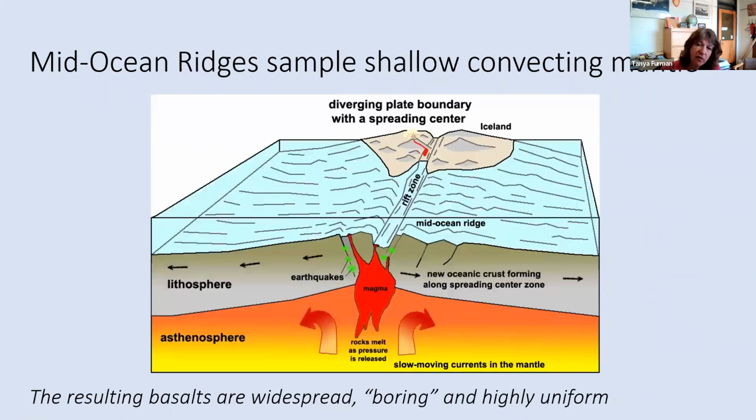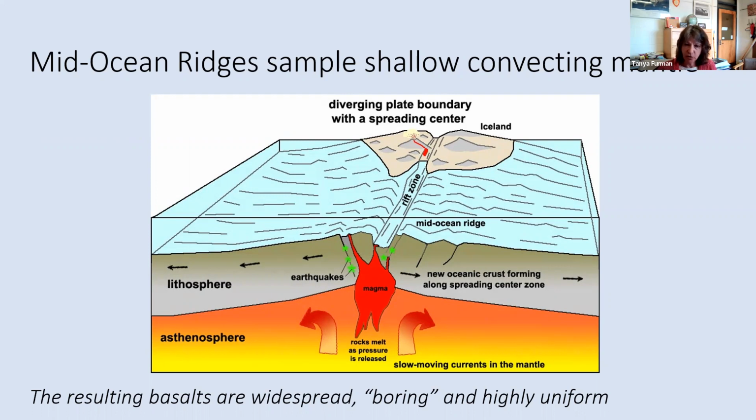And that's because mid-ocean ridges, where these lavas are generated, sample everywhere the same process. They sample the shallow mantle as it convects. So there's upwelling beneath mid-ocean ridges as the asthenosphere decompresses and moves upwards, and eventually it melts and it spits out lava that looks the same everywhere.